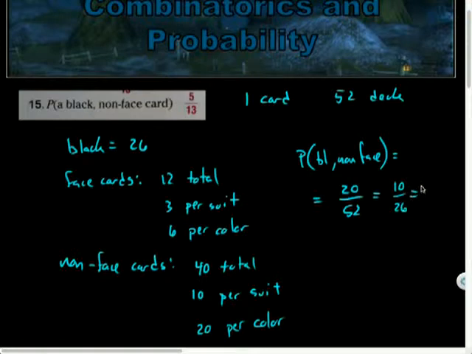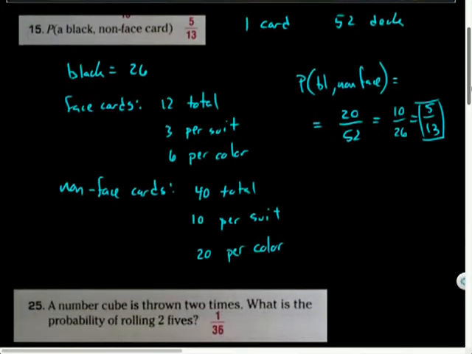I can divide by 2 again. 5/13, and that is the answer. I still think it was worth writing these down so you get a handle on what's going on with these, making sure you know how that works out.